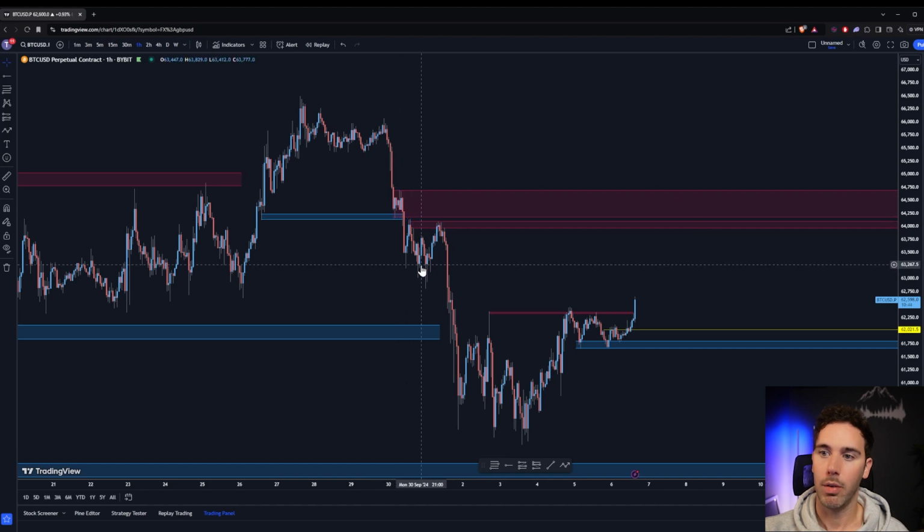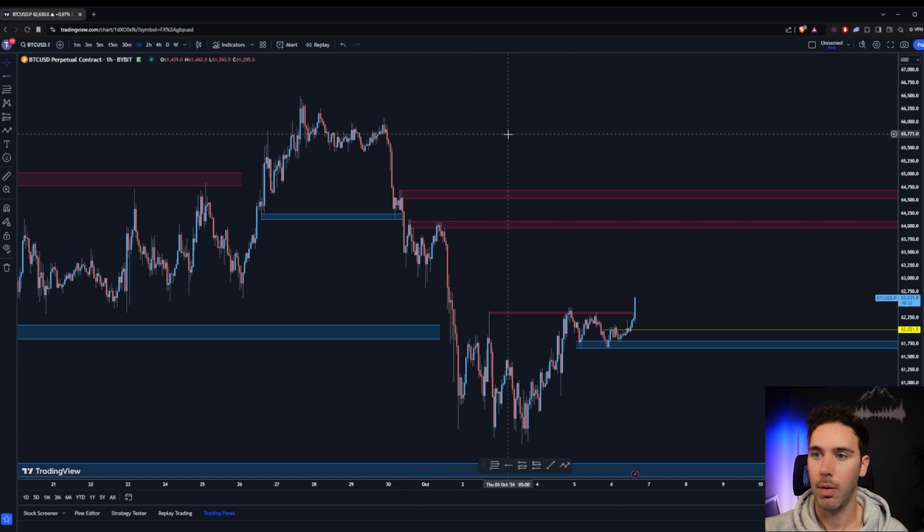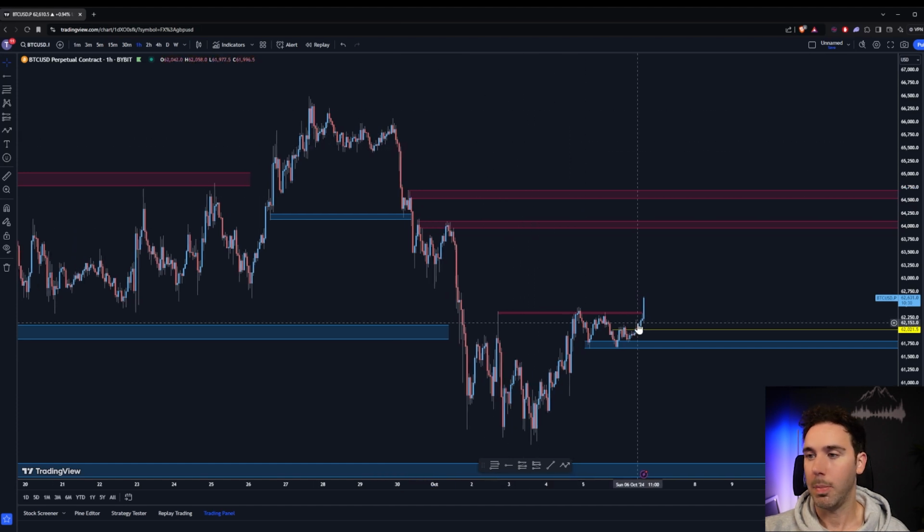Tested the bottom of the range, made a lower low, made a lower high on another test of it, and then dropped down. It suggests to me that this level is getting a little bit knackered for the sellers. So I would be looking bullish for the week ahead, essentially.